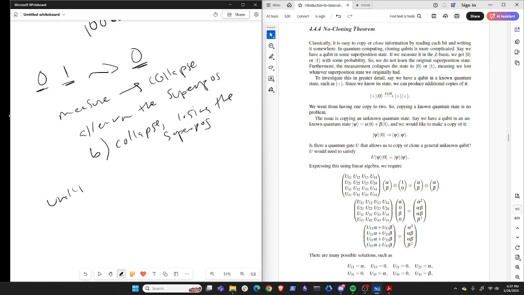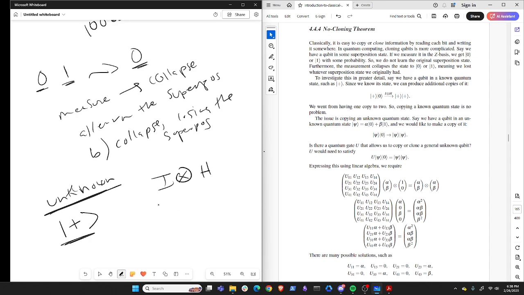So this applies to qubits where the superposition is unknown, right? If we know the qubit, as they use an example here, if I say we have a qubit in the superposition state plus, we can copy that. Here they have the tensor product of an identity and an H gate.